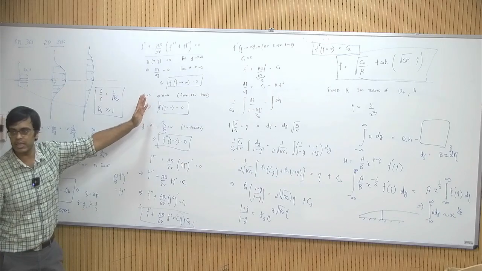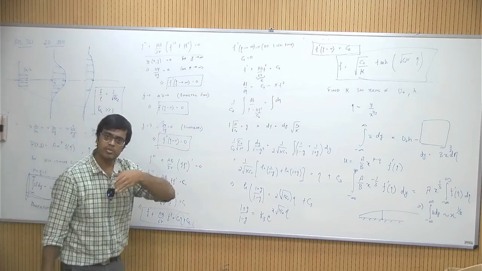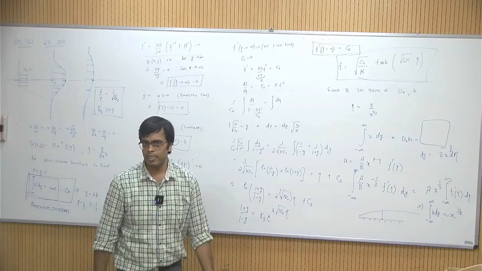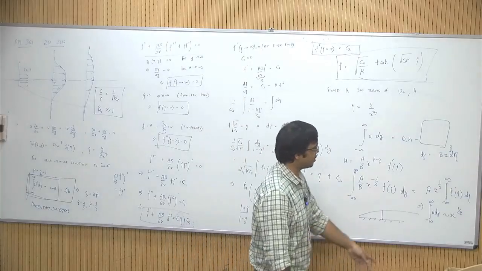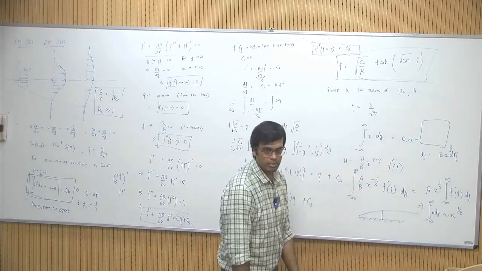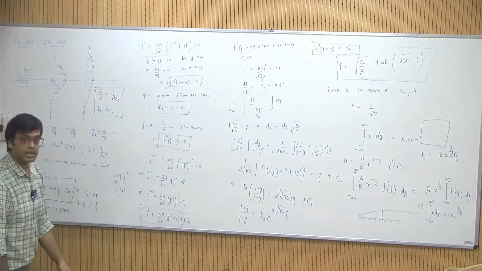So there is more and more fluid that is being dragged by the jet. Okay, so mass flux is increasing in x as x to the power 1 by 3. That's called entrainment.